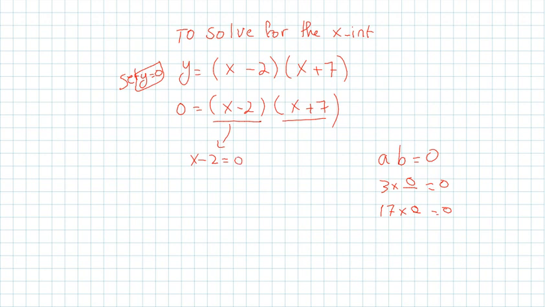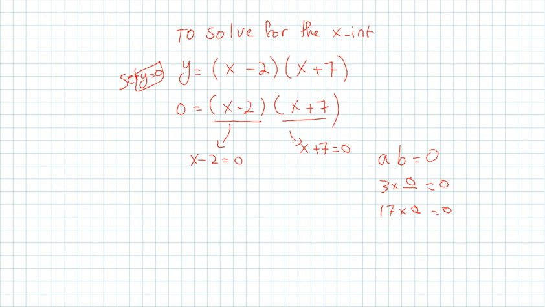Do you guys agree? It's the same idea as a times b equal to 0. So either a has to equal 0 or b has to equal 0. How many of you understand that part? Just 3?